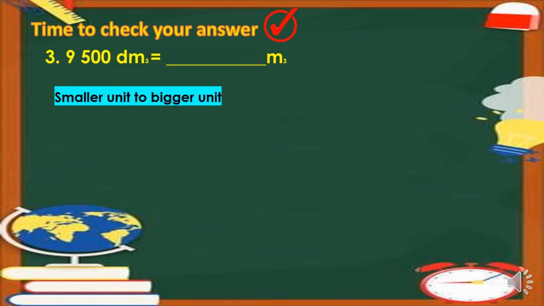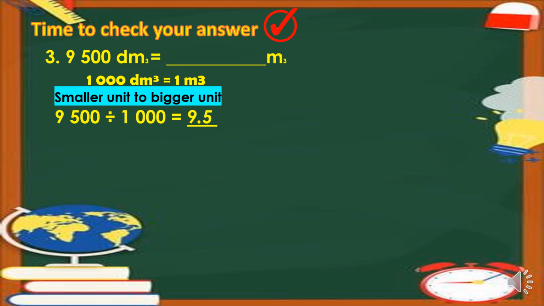Okay, for number 3, we have 9,500 cubic decimeter is how many cubic meter? So for every 1,000 cubic decimeter, that is equivalent to 1 cubic meter. So smaller unit to bigger unit.